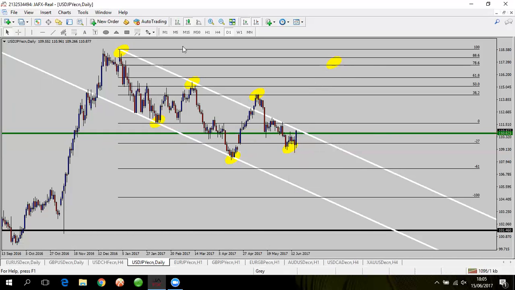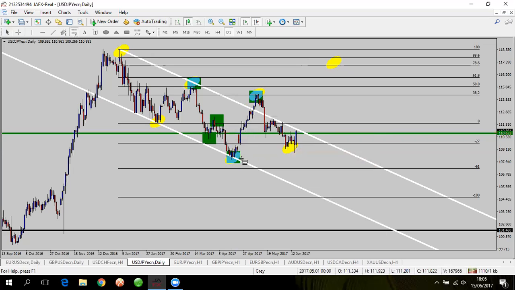I have been calling out USD JPY long since about here. Okay, we dropped a little lower, but the reason why is you see we have a lower high, lower low, lower high, lower low. Then you can see right here we take out this lower high to form a new higher high.